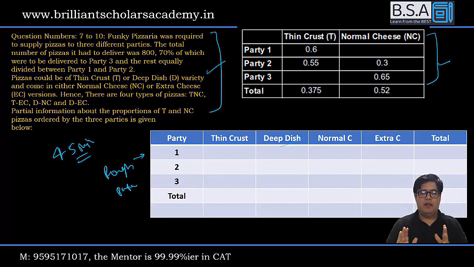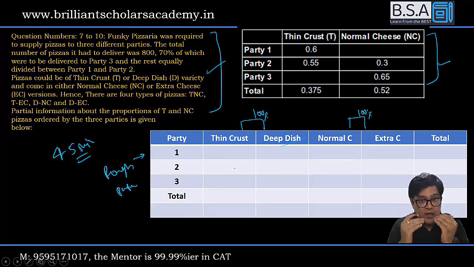See, when we talked about pizzas, we said there are two varieties. One is thin crust, one is deep dish. So if thin crust is 0.6, deep dish has to be 0.4. This 60% and that 40%, so it's option 2. Now another variation is normal cheese and extra cheese. Basically I am saying these two combined should be 100% and these two combined should be 100%.